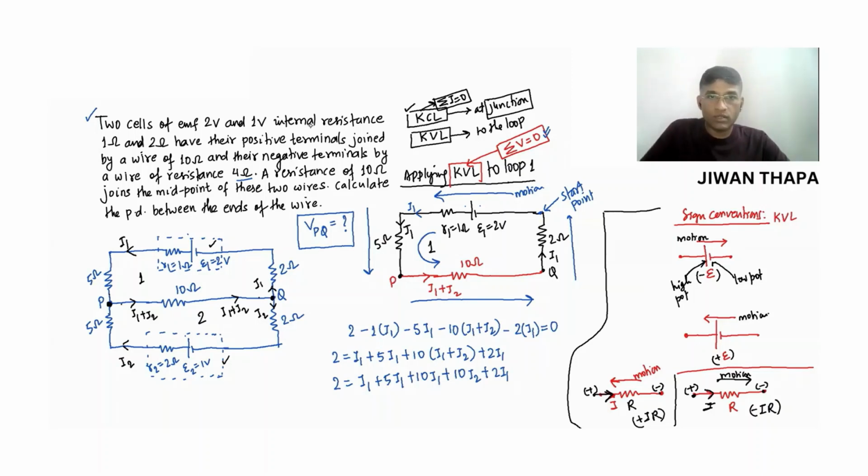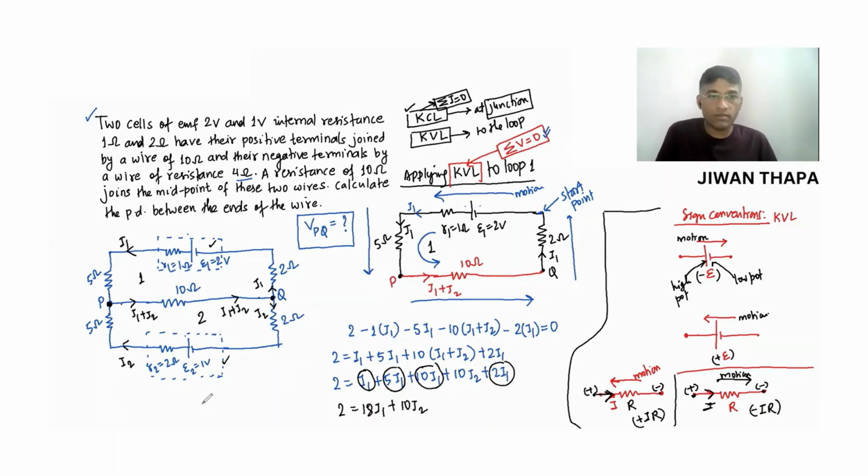Now, terms containing I1: 10 plus 5 is 15, and we have 1, 16, and 2, 18. So what do we get? 2 equals 18I1 plus 10I2.